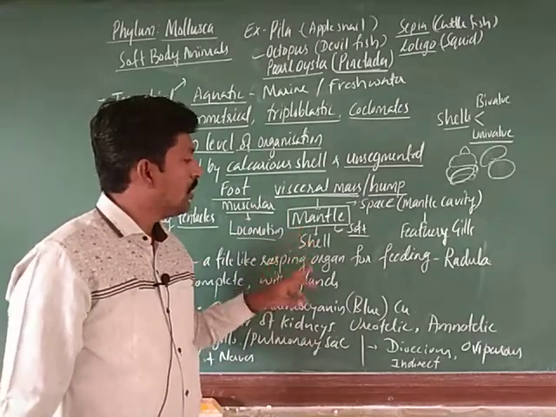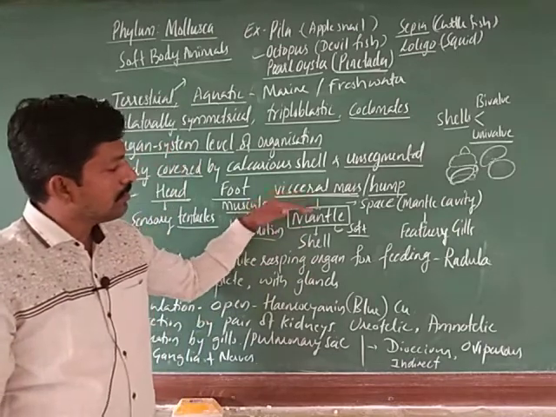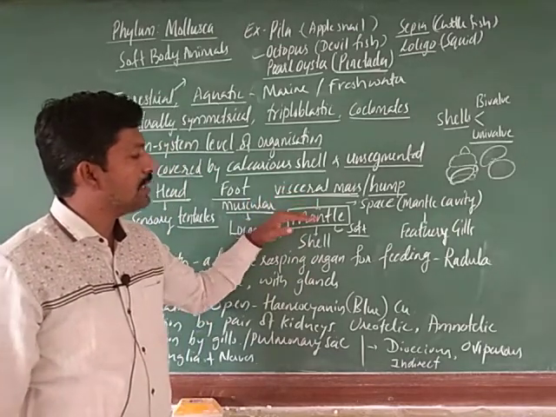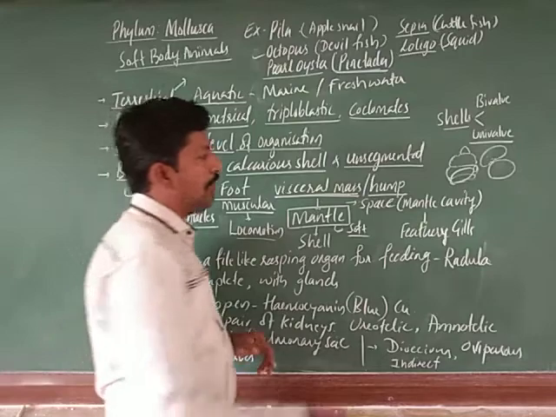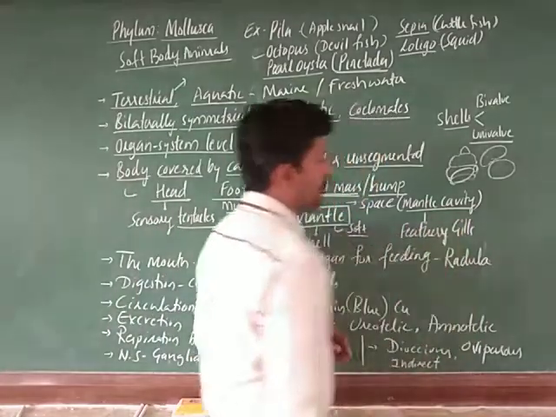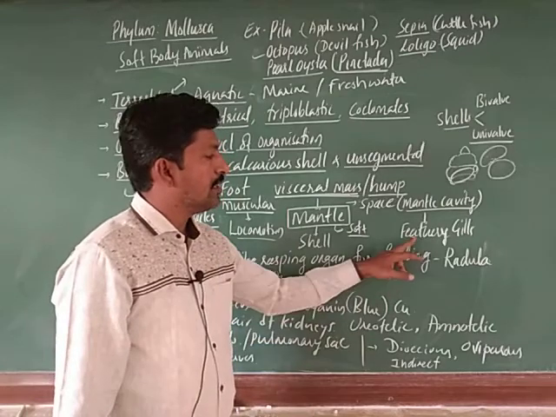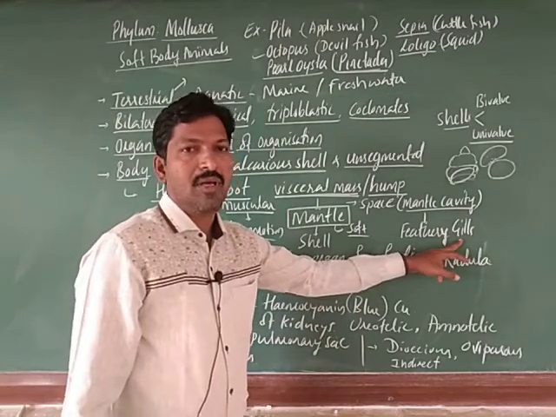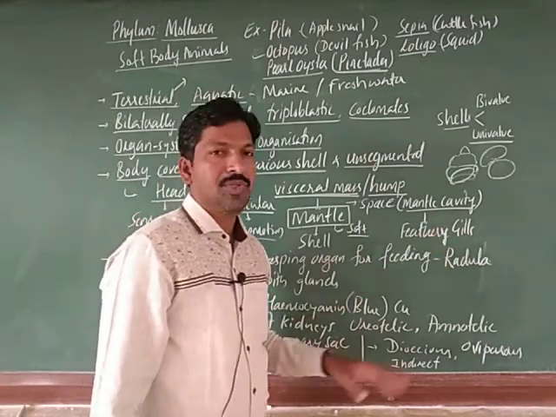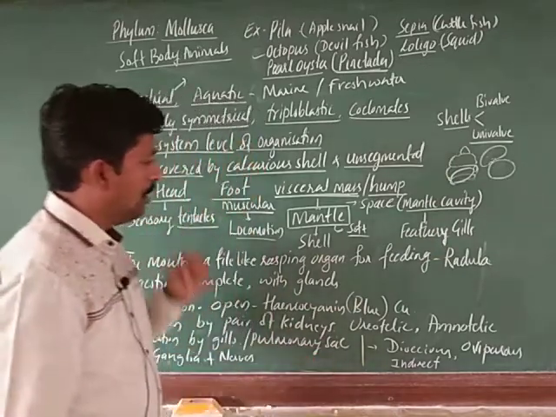There is a space between the visceral mass and the mantle called the mantle cavity, which contains the feathery gills that help in respiration.